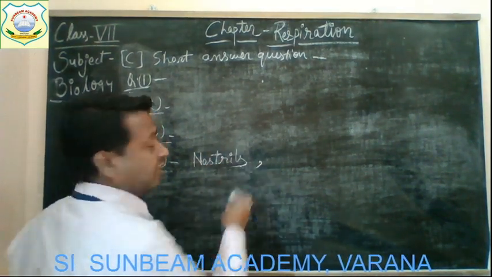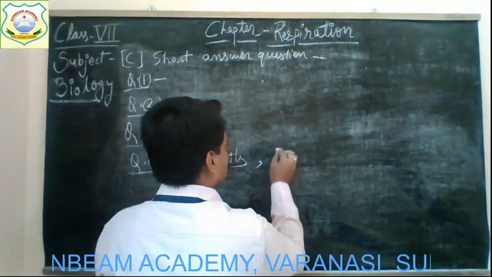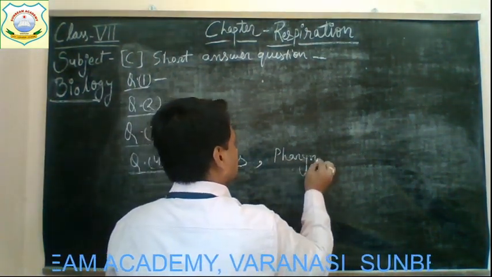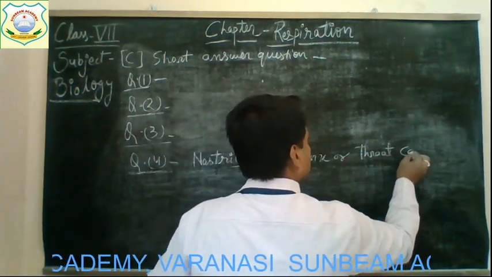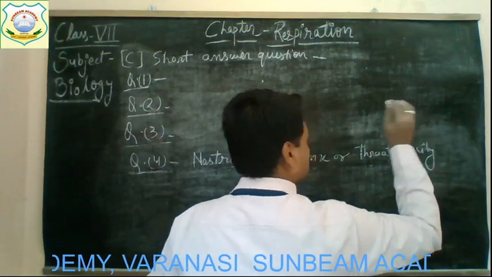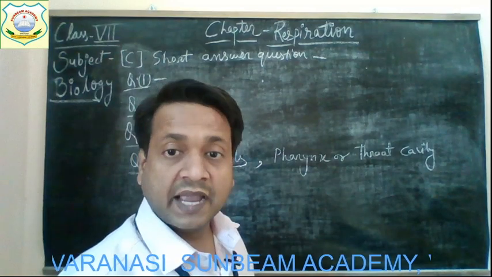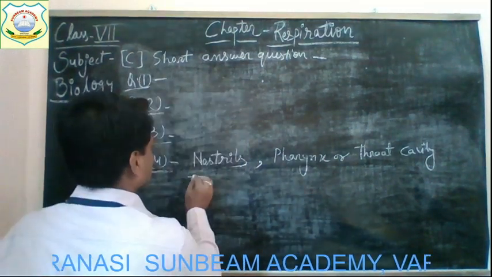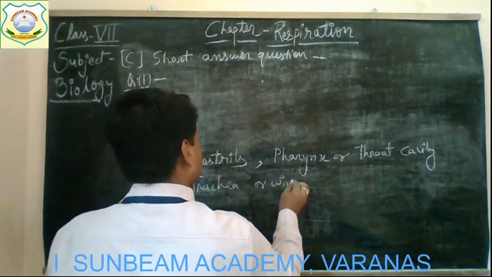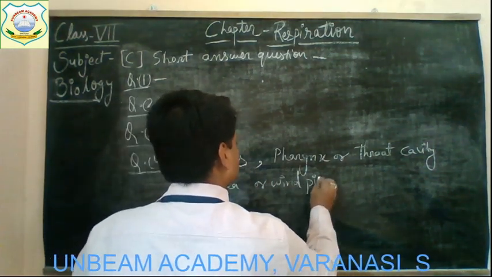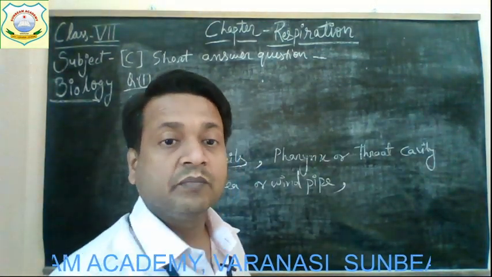Second one, pharynx or throat cavity. The third organ is trachea or windpipe. And the fourth organ is bronchus.